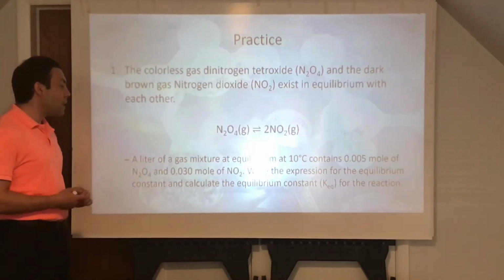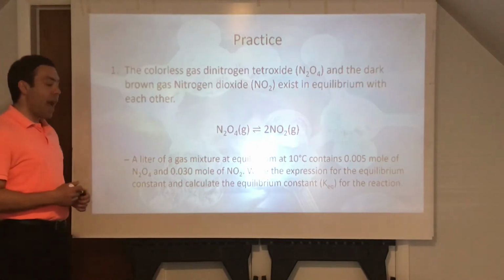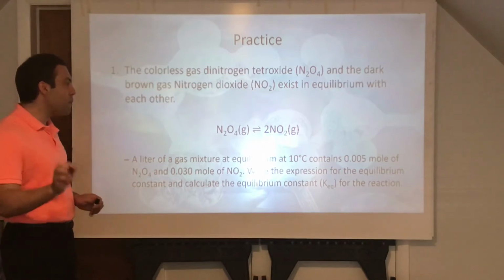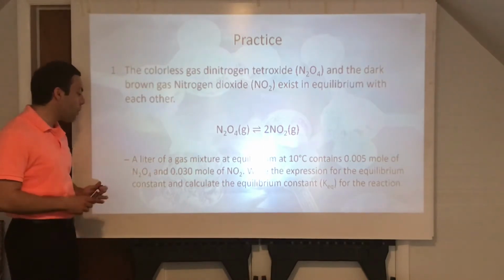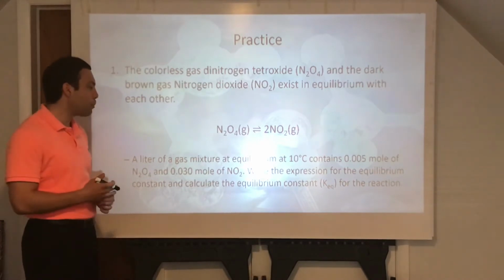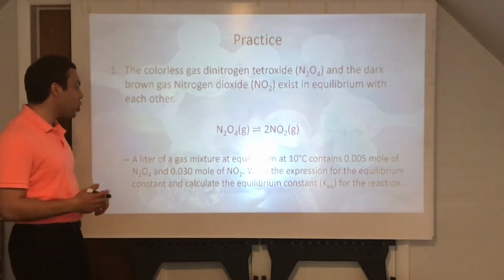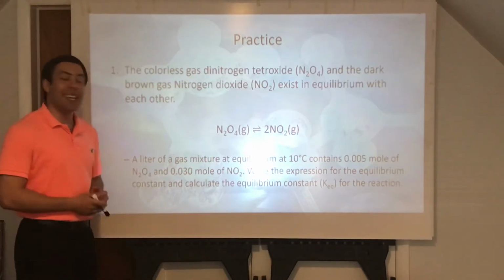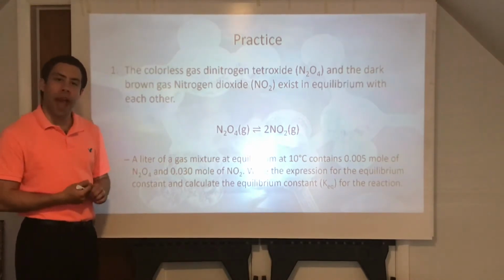A liter of gas mixture at equilibrium at 10 degrees Celsius contains 0.005 moles of N2O4 and 0.030 moles of NO2. Write the expression for the equilibrium constant and calculate the equilibrium constant KEQ for the reaction.